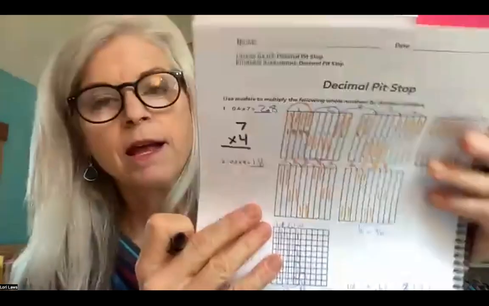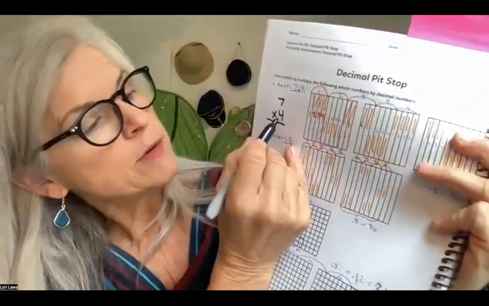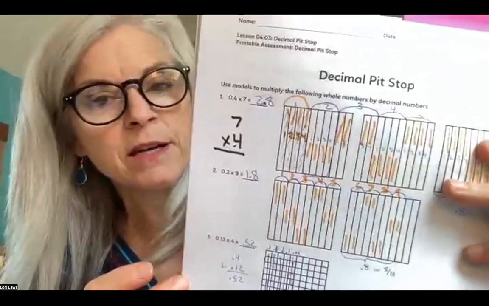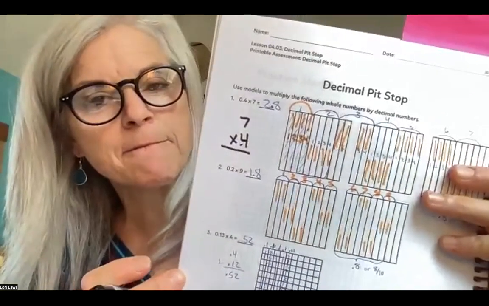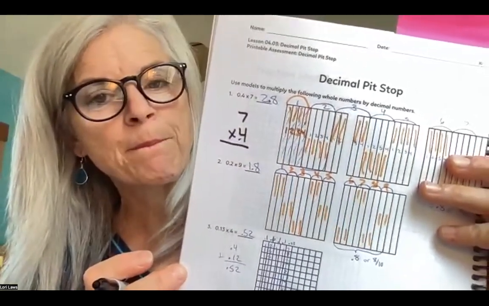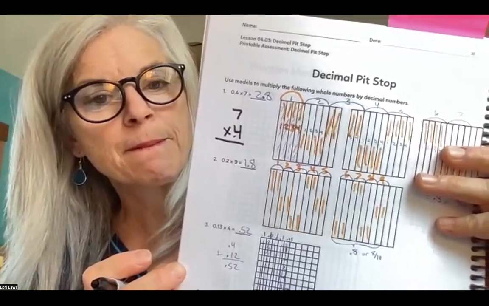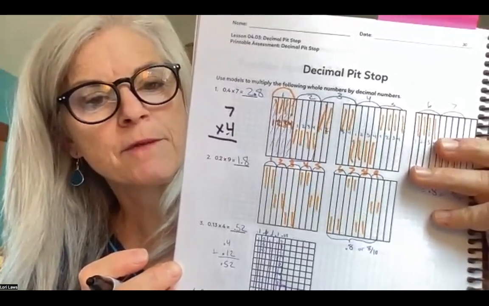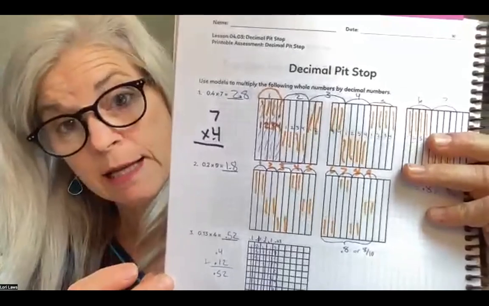I would make it 4 times 7, right? It's 0.4, but I would just pretend that it's 4 times 7. What is 4 sevens? If you don't know 4, do 2 sevens and then double it.